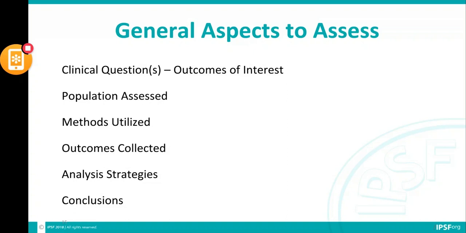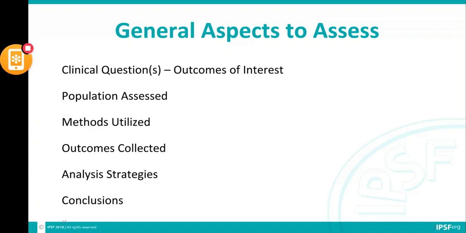So perhaps one of the population groups is just inherently healthier. That's something that we would like to know before going into an analysis, so that we know if the outcomes are truly representative of the intervention and not just some aspects of the population that we studied. The methods utilized are also very important.